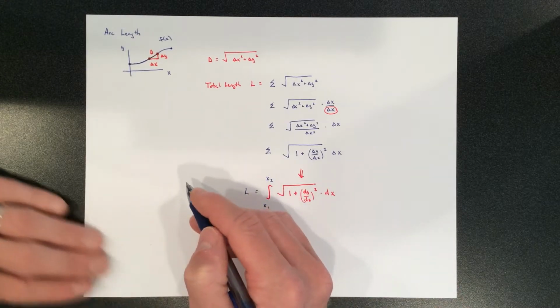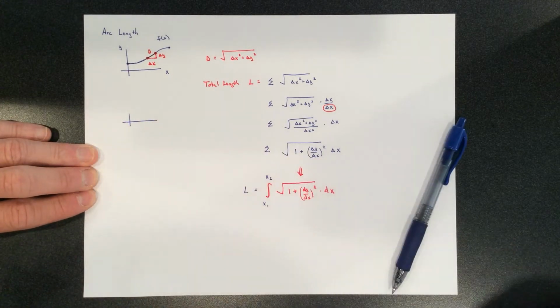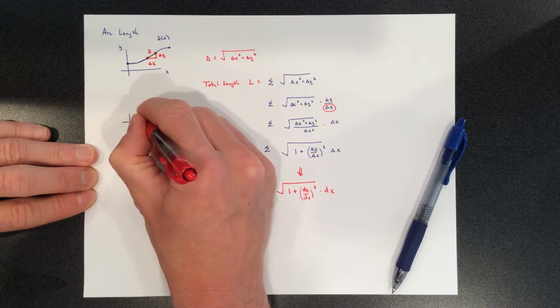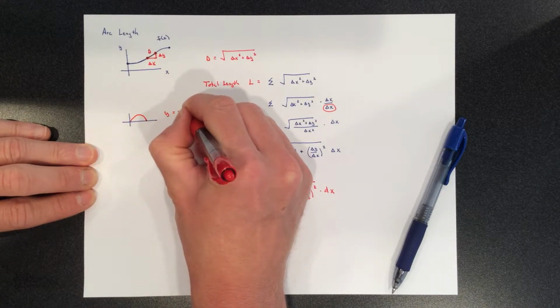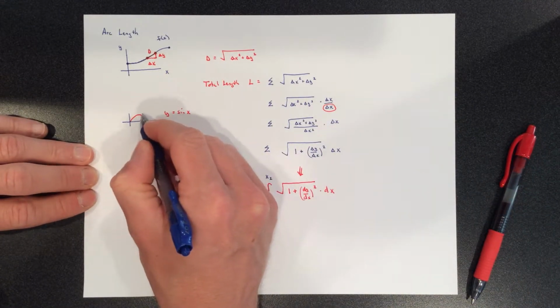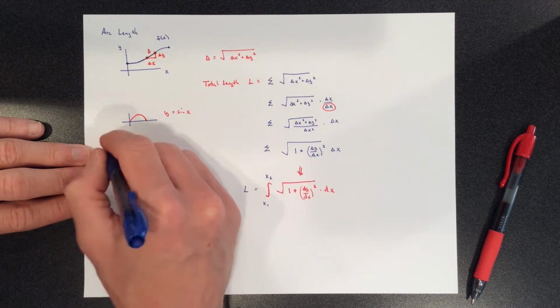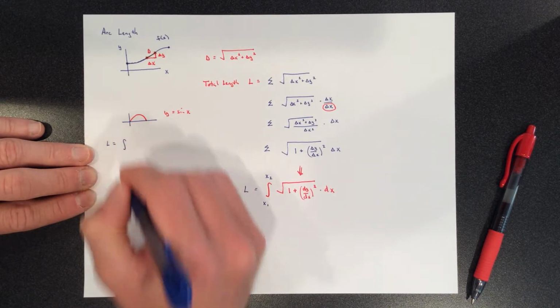Okay, now do an example. So let's say I'm looking at the curve sine x. Okay, y equals sine x. And I want to figure out, if I wanted to put this together, how long is that? Let's follow the formula. The arc length of one arch of sine is the integral from what to what?